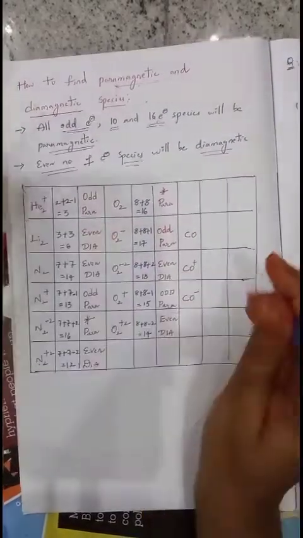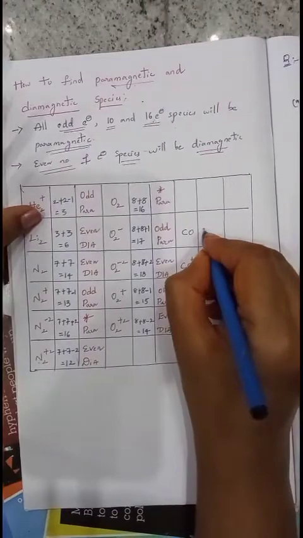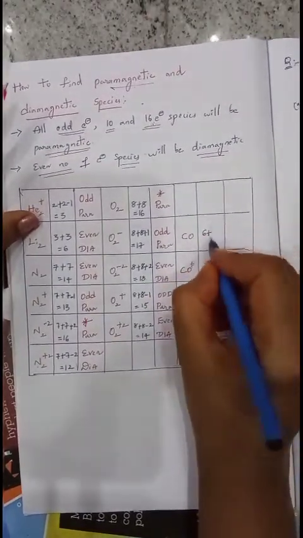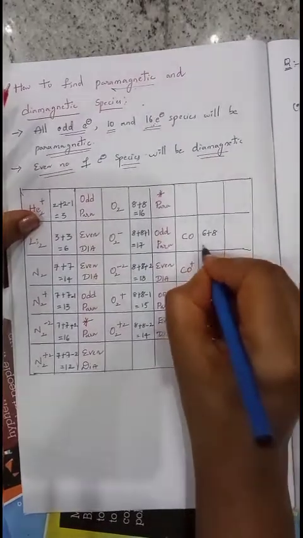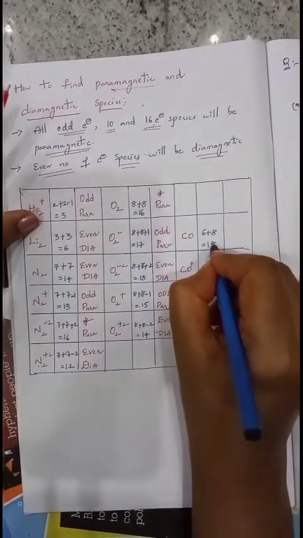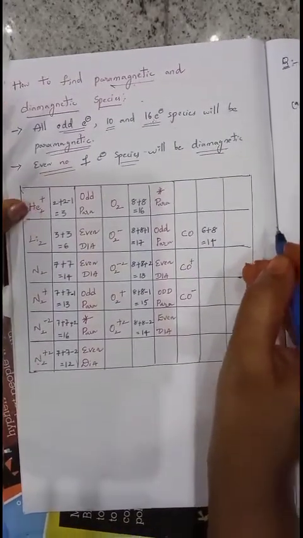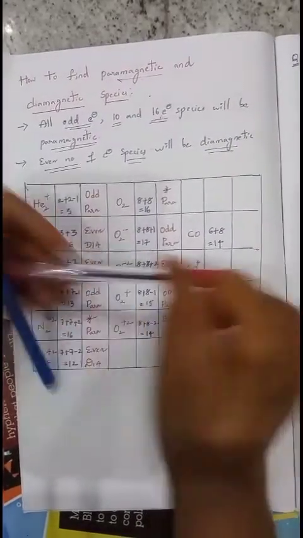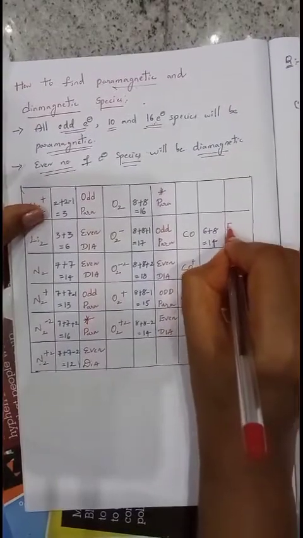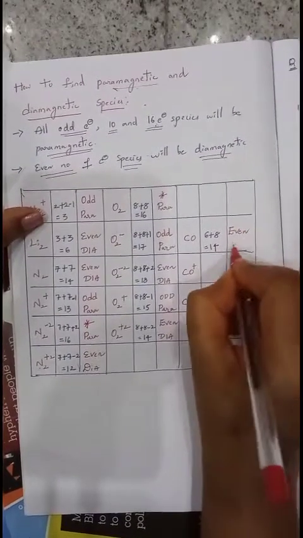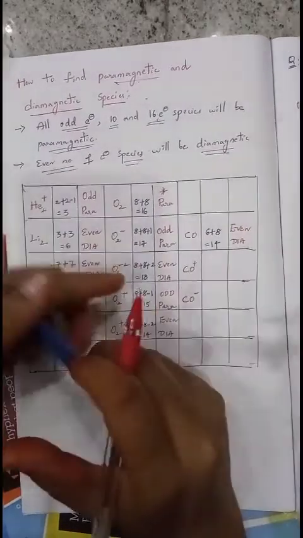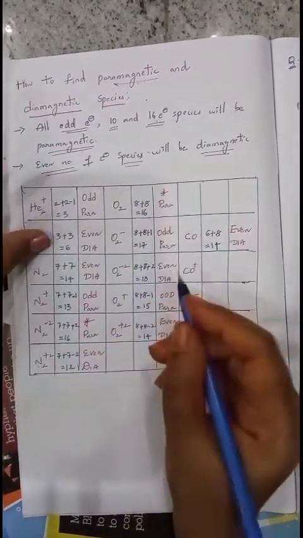The total number of electrons present in carbon is 6, plus oxygen contains 8. 6 plus 8 is 14 electrons. 14 is an even number. If an even number of electrons are present, then the species is said to be diamagnetic in nature.